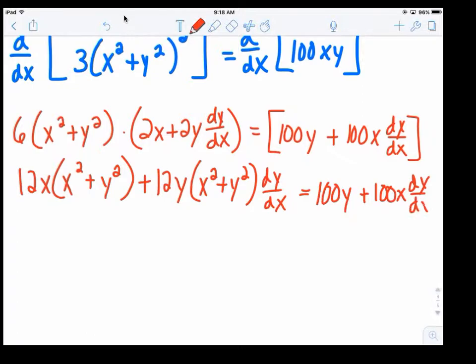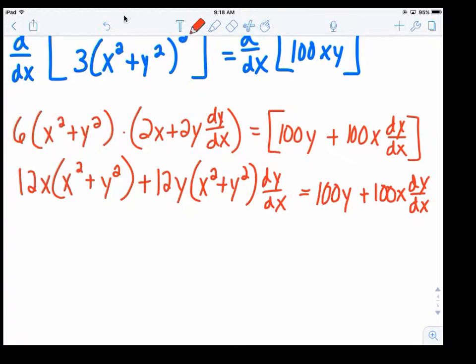So that's when you multiply 6 times x squared plus y squared times 2y dy over dx. All right, so we're almost done.